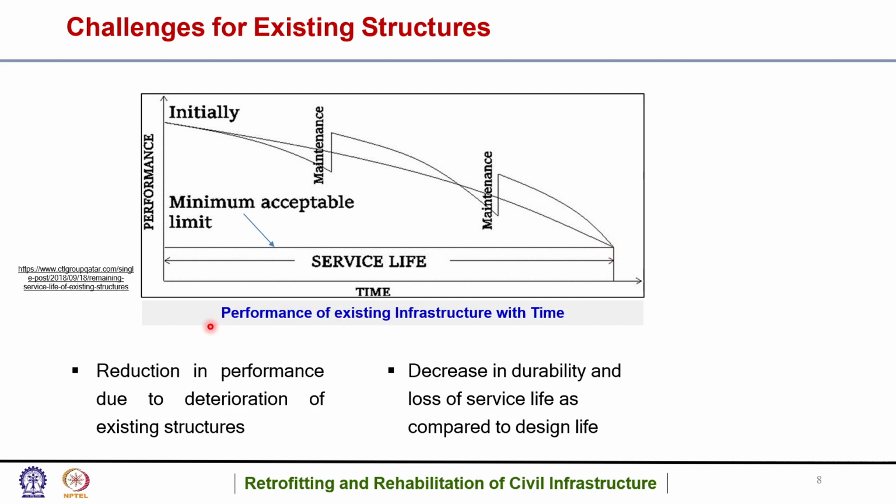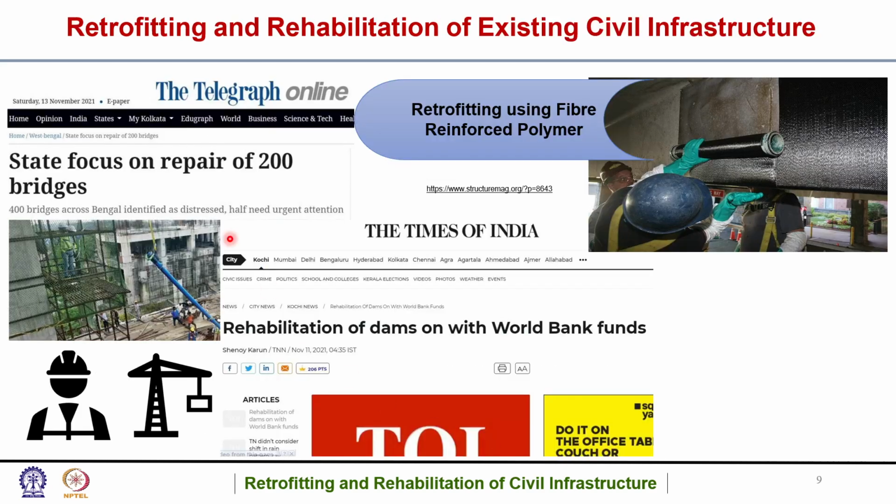Here we will find that there is a reduction in performance due to deterioration of existing structures, and a decrease in durability and loss of service life as compared to the design life.